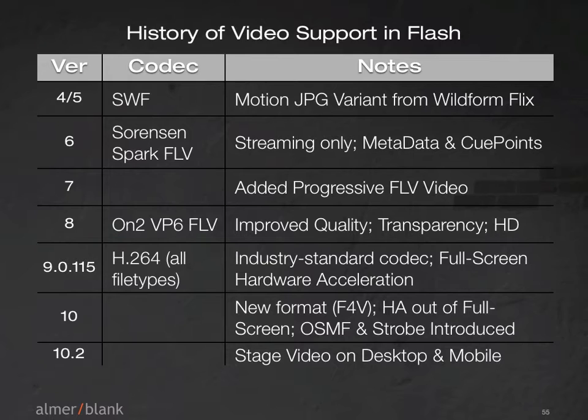And they introduced hardware acceleration outside of full screen, and they introduced OSMF and Strobe. Okay, so this was all around Player 10. Then with 10.2, we now have stage video on desktop and mobile. That's something I want to reiterate. So that's the history of video support in Flash in one slide. And you can see it just keeps getting better and better and better.